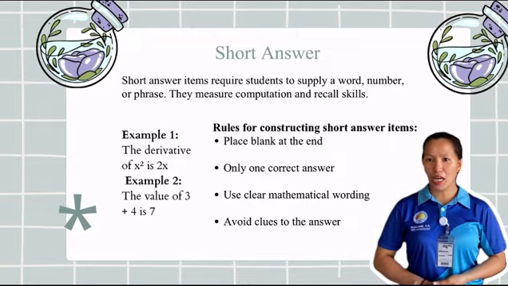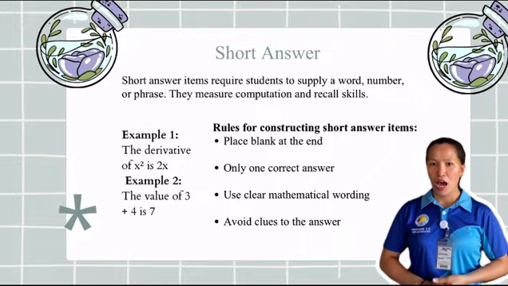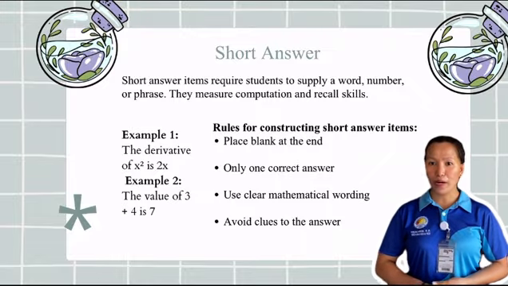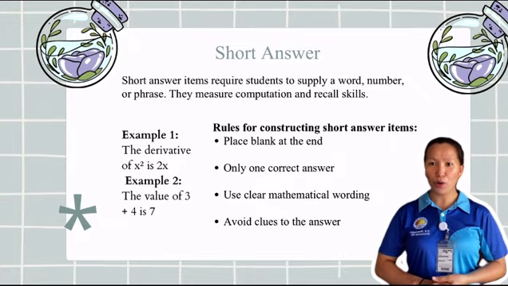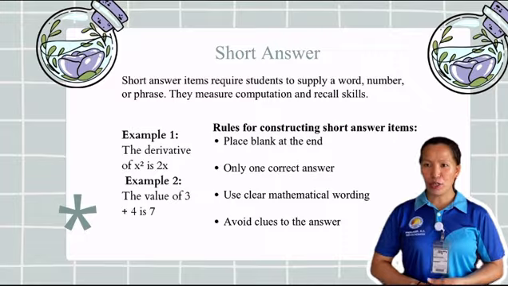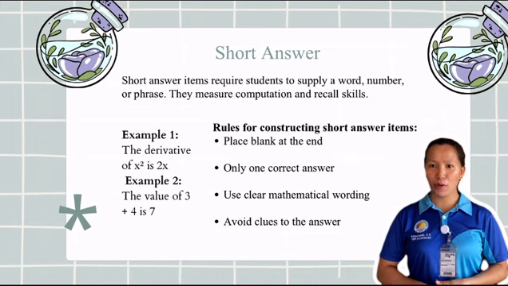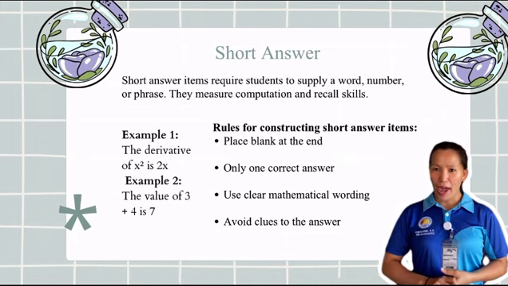Then we have the fourth type of test. We have short answer items. Short answer items require students to supply a word or phrase, and they measure computation and recall skills. For example, the derivative of x squared is 2x.